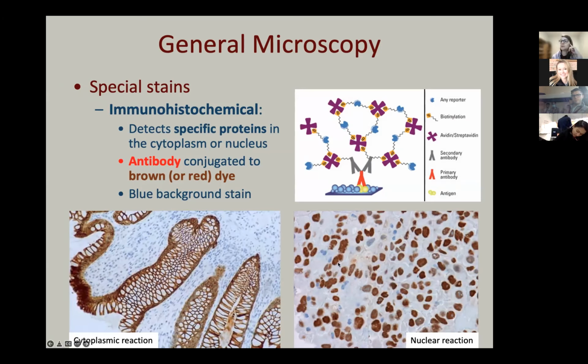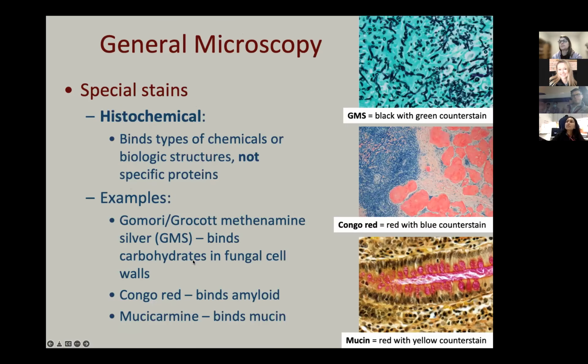So these bind to those specific proteins in those specific locations. And then those conjugated dyes are the ones that we see, in this case, brown. There's always a background counterstain, in this case, blue. So you see the tissue below it. Otherwise, you're not going to be able to pick up where you are. So the blue is the counterstain, and the brown, or for that matter, the red, are the reactive tissues.